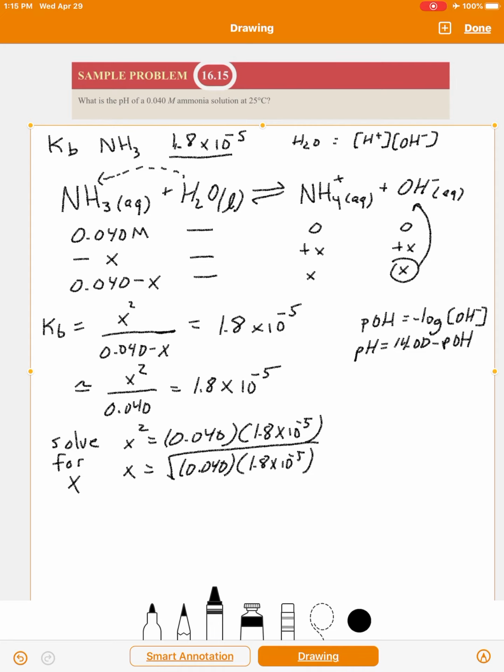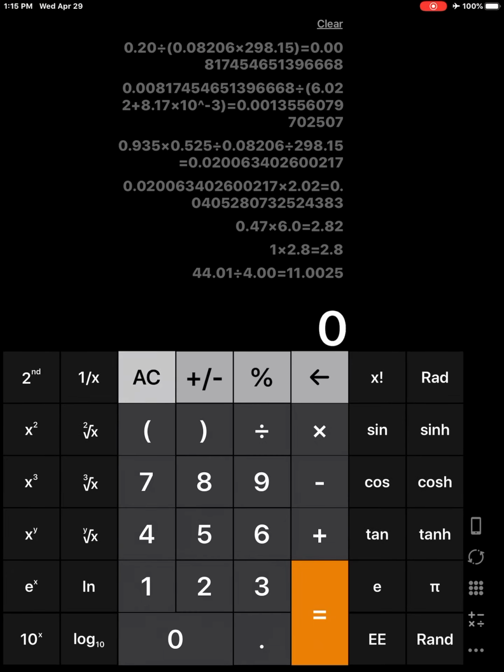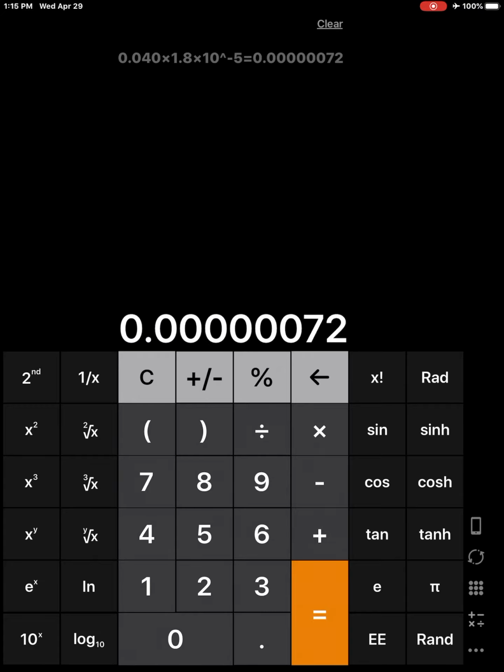So let's figure that out. 0.040 times 1.8 times 10 to the minus 5. Very good. We're going to take the square root of that. And you get 8.49 times 10 to the minus 4.